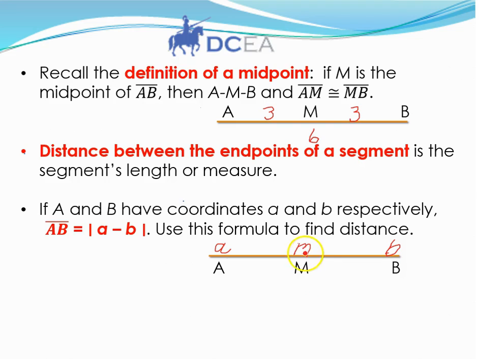So in these formulas, when you see the small letters, remember that if there are large letters on the number line, this is what they're talking about. So segment AB equals the absolute value of a minus b. Remember also that if you're doing an absolute value problem, many times there will be two answers.